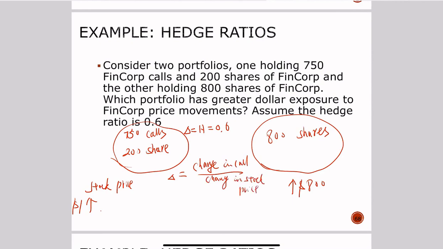So if delta is 0.6, it means that if stock price increases by 1, then call price will increase by 60 cents.